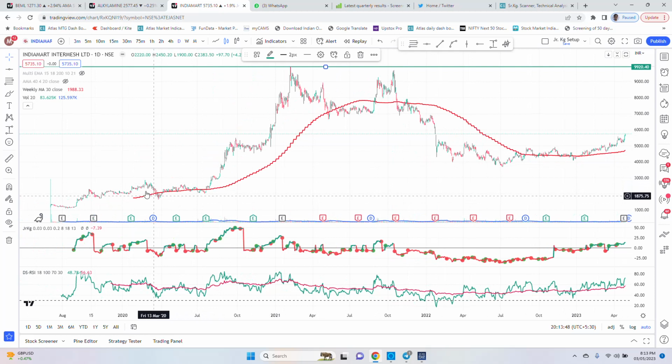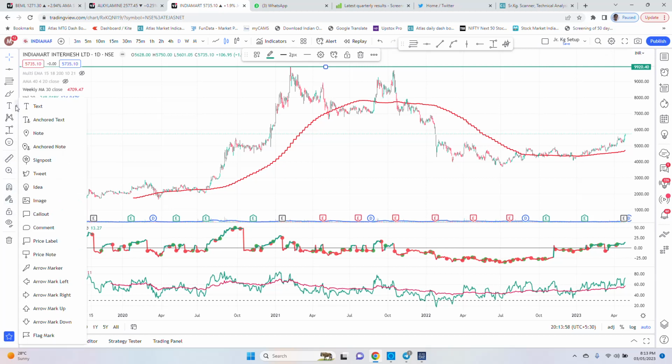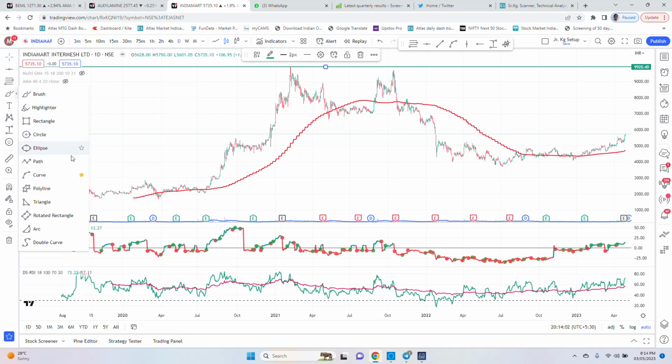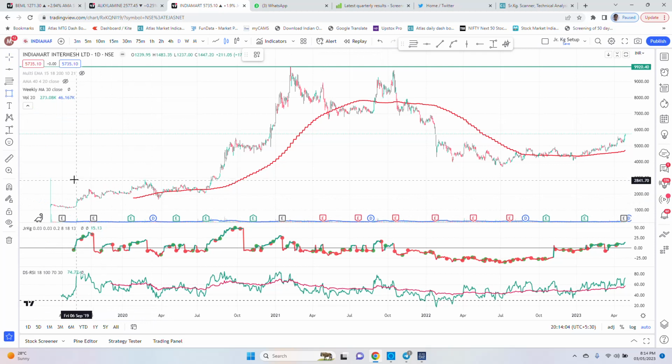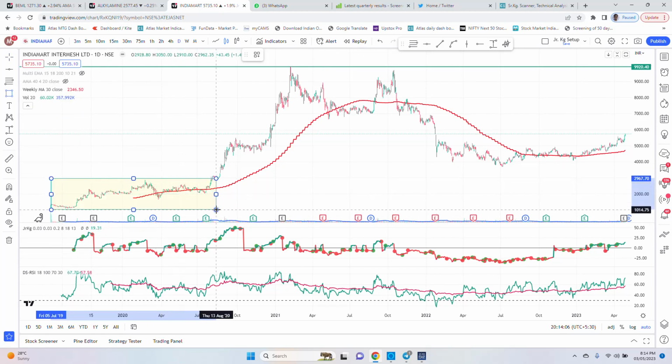So as I said, if I want to mark it, where is the tool? Okay, so this is complete, you can consider as stage 1. So this is till here.